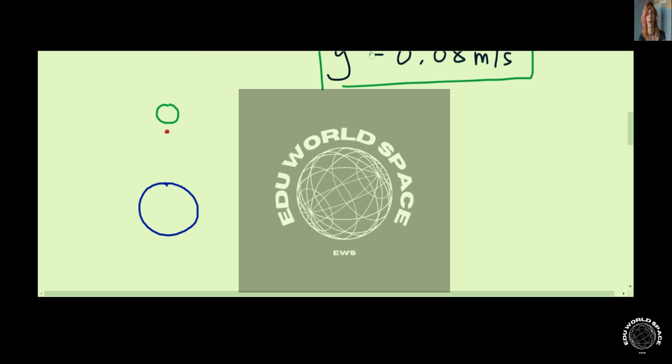So it's going to have an acceleration towards Miranda of 0.08 meters per second squared, and then an acceleration towards Uranus of 0.433 meters per second squared.